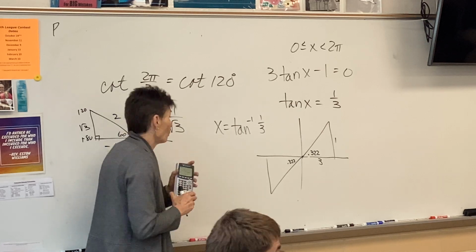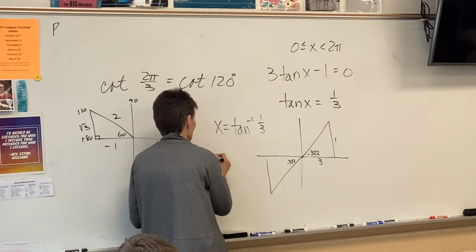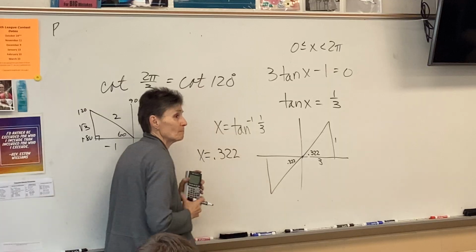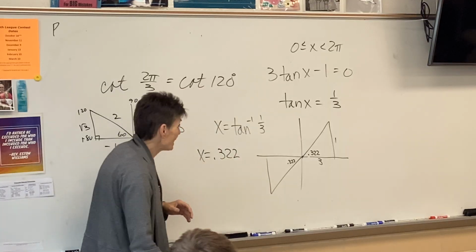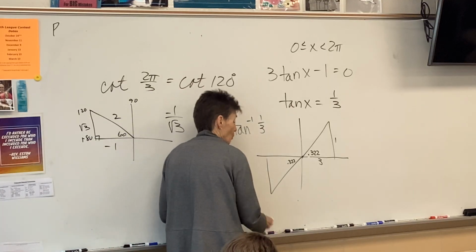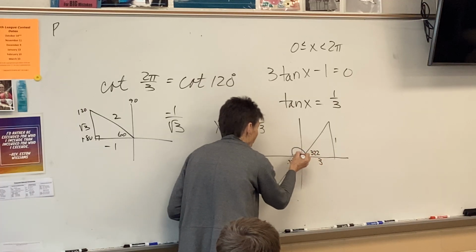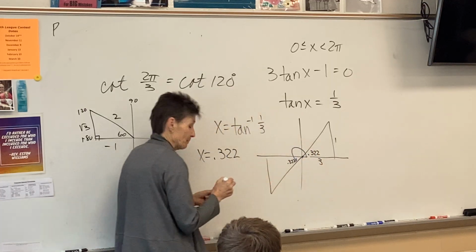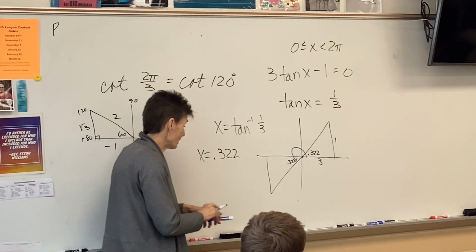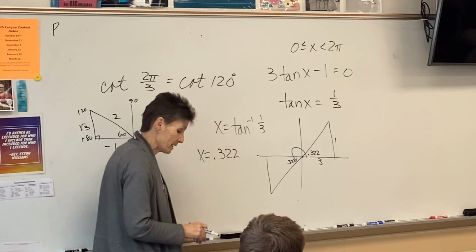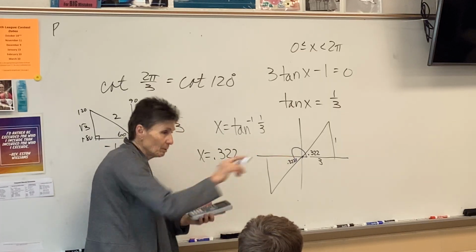All right, so one of my answers is 0.322. Everybody get that? Now we have to figure out the other one. Remember, we always start here and all the way around to here. How am I going to figure out what that blue angle is? Pi plus, very good.